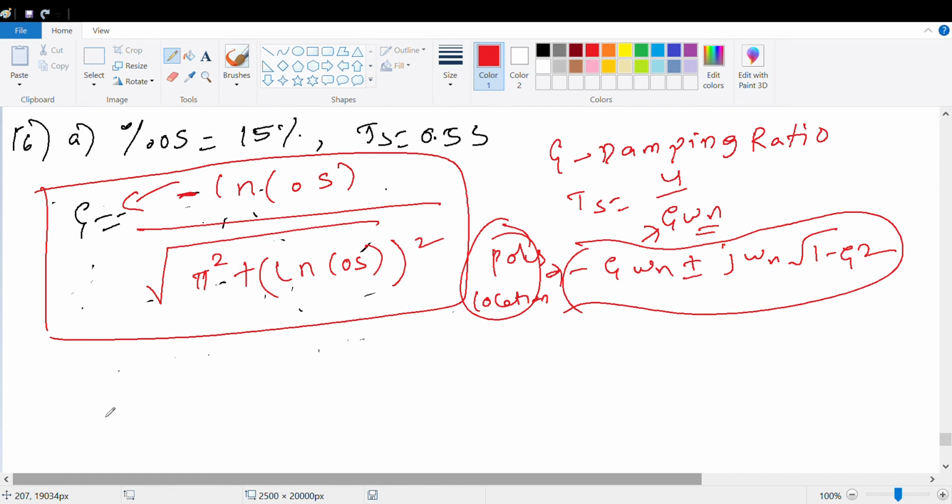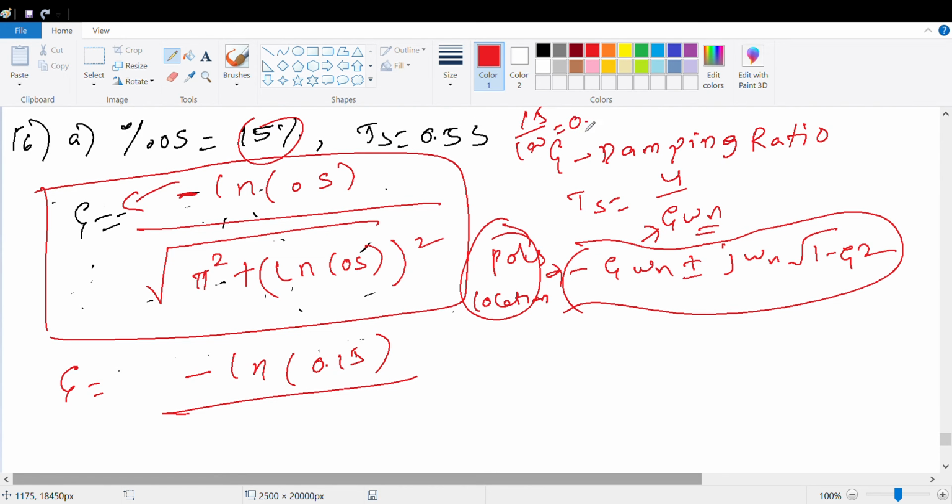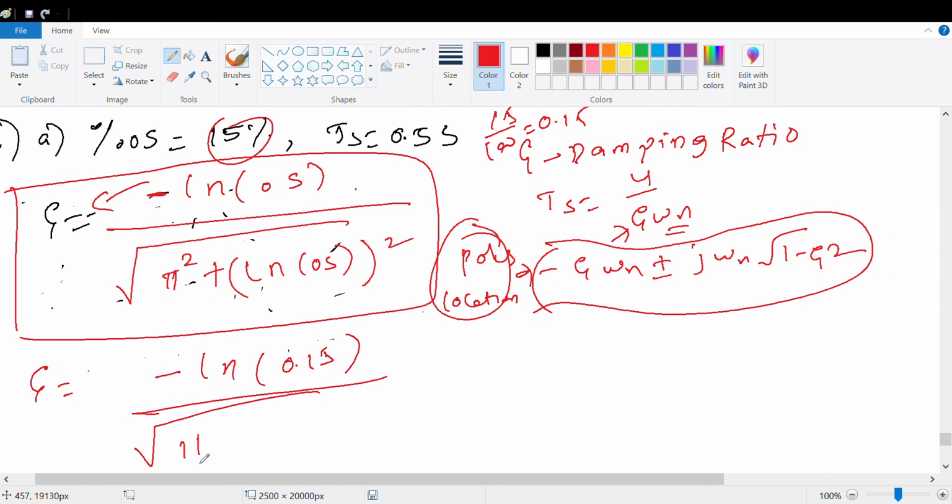So now zeta equals minus ln overshoot, which is 0.15. This is a percentage, but we need the normal one: 15 by 100 becomes 0.15. So minus ln 0.15 over square root of pi square plus ln 0.15 whole square.